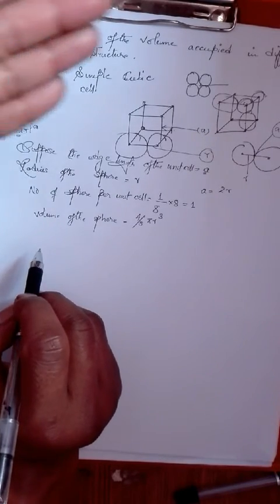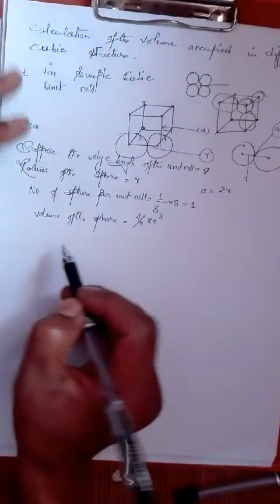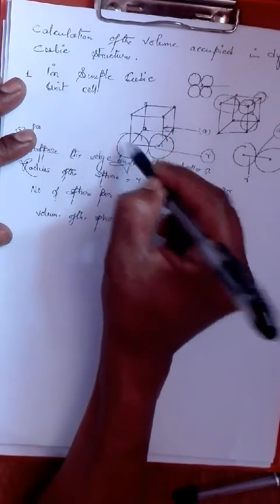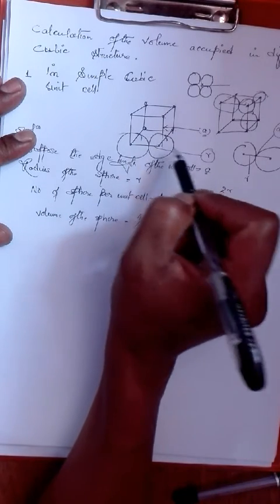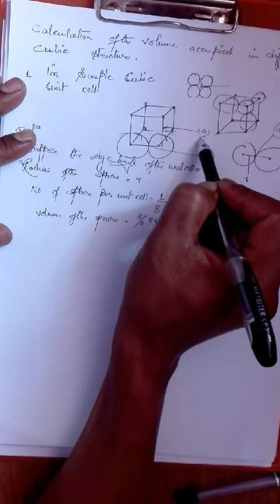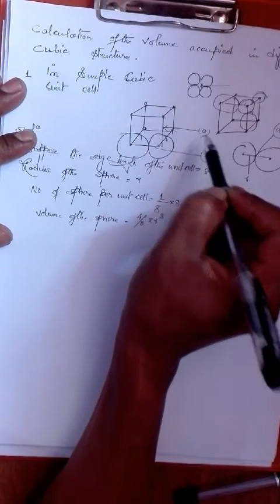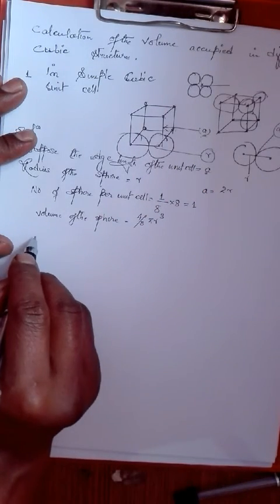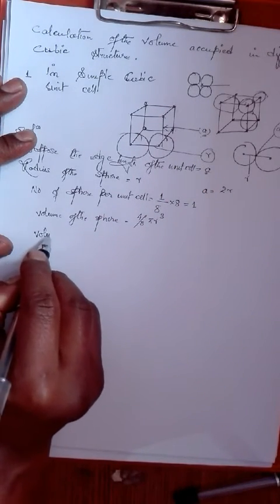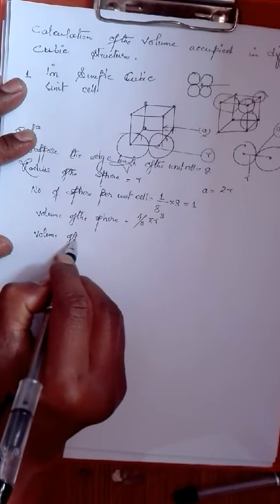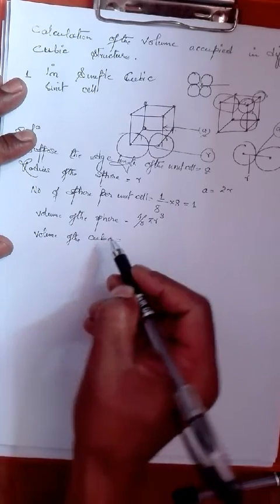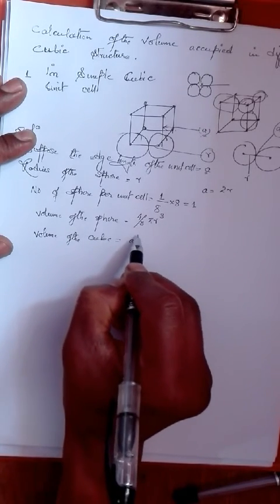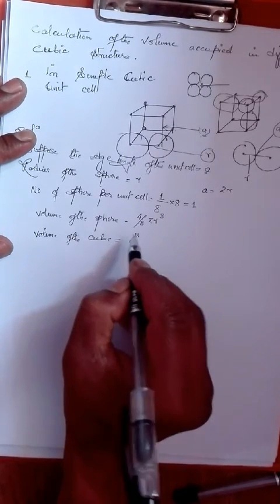Okay. Therefore, if I am going to find out the volume of the cube, how do we calculate the volume? Volume will be length into breadth into height, A into A into A here, because each of these sides will be A, isn't it? You can take the length, the breadth, the height. The side will be A, in centimeter or picometer. So the volume of the cube will be equal to A cube, am I right?